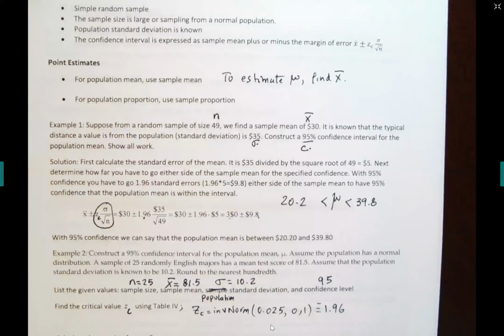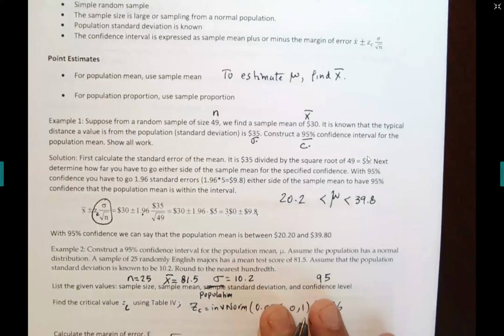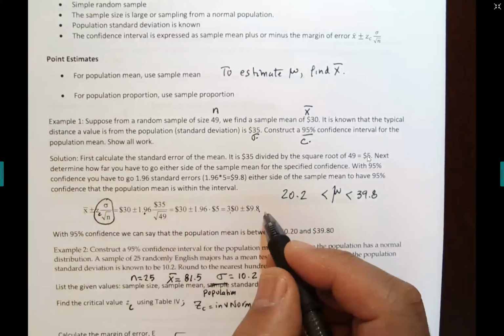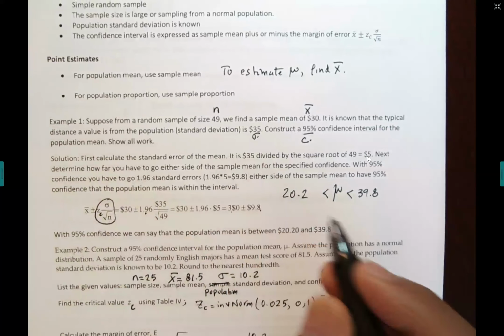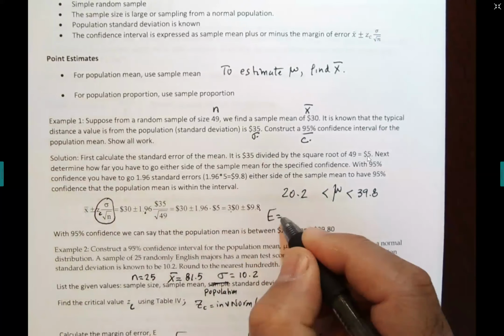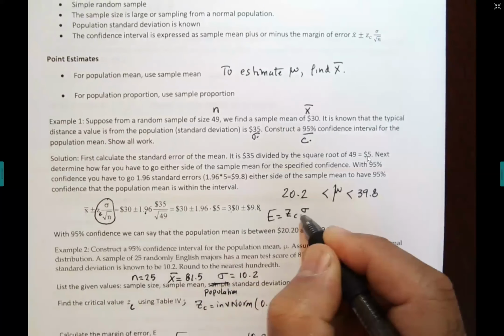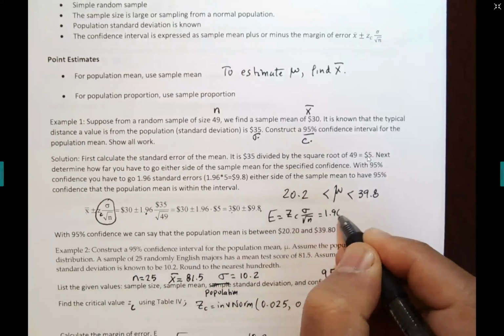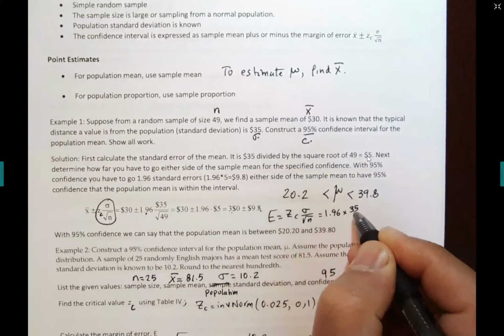Any questions? All right. So E here is going to turn out to be, guys, 9.8. And let me show you why it is 9.8. E equals Zc times sigma over square root of n. 1.96 times 35 divided by square root of 49.